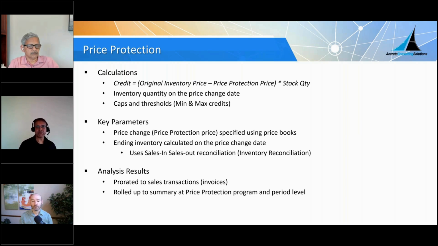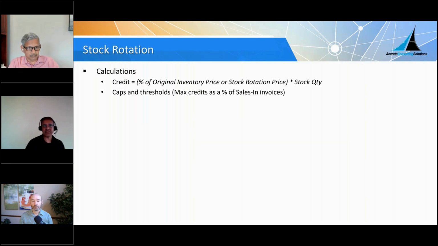And stock rotation is another inventory management incentive program where you allow the partner to return some percentage or all of the inventory, depending on what the contract is, or it can be scrapped. If the product is obsolete, you can have them scrap it.